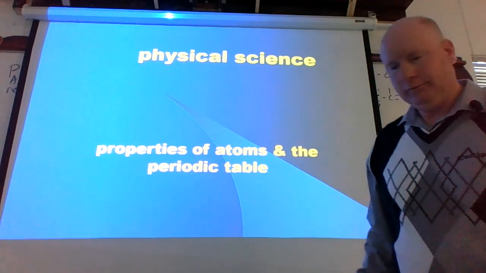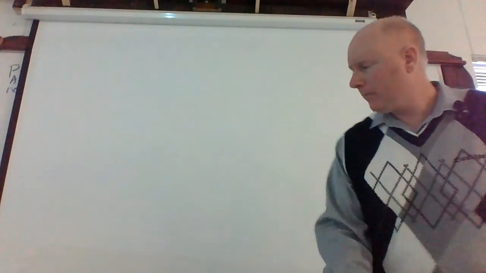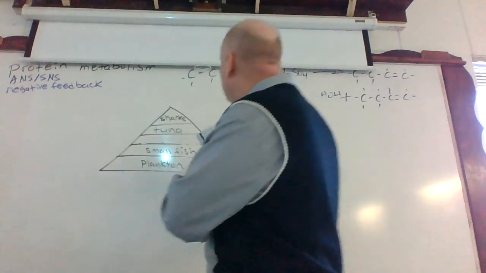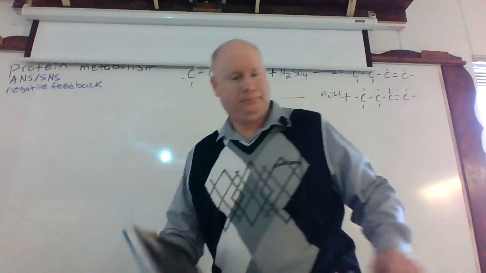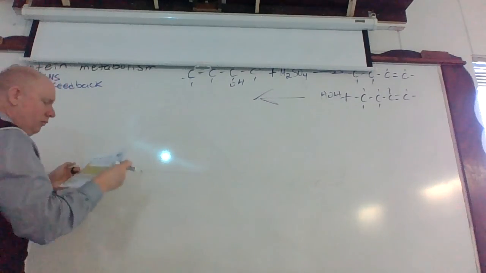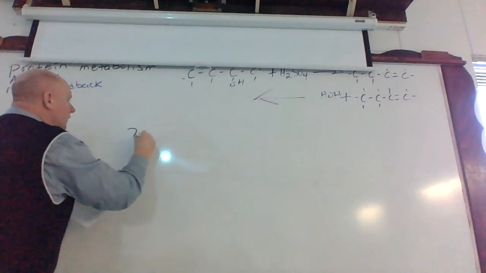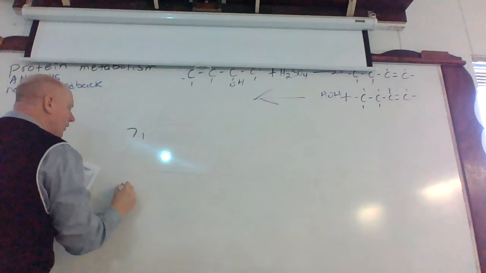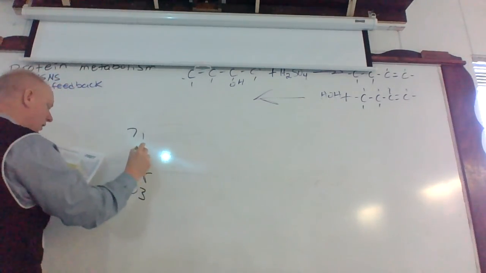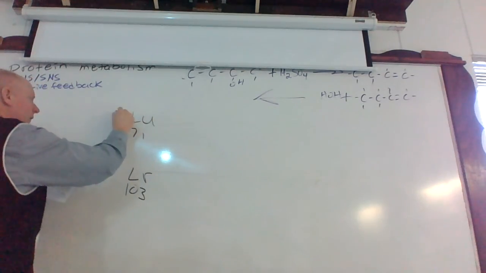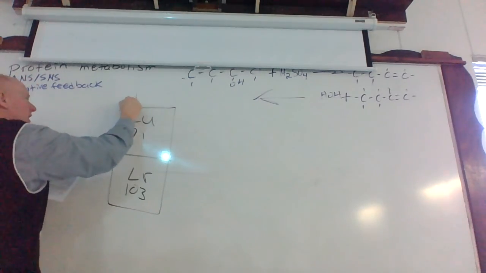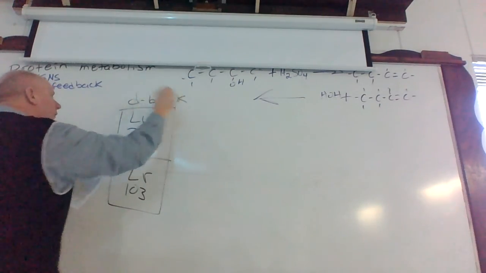Okay? Yeah. So what we see happening then, okay, way over here, we've got element 71 and 103. Okay? This one is LR, this one is LU, okay? So what I want you to do is above that, I want you to put D block. Okay?